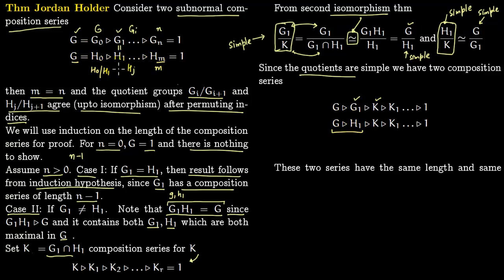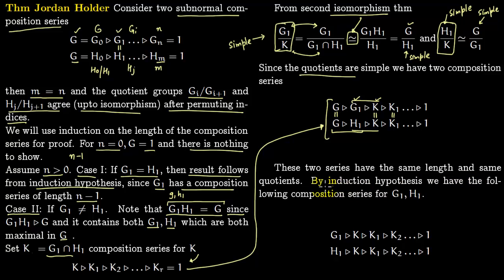You've attached the first two terms up to H1, and since H1 over K is simple, you copy and paste this composition series behind it. We copy this composition series in both cases, because this portion is simple and this portion is simple. Both series have the same length, since both of them end at Kr, which is 1. You have equality everywhere.